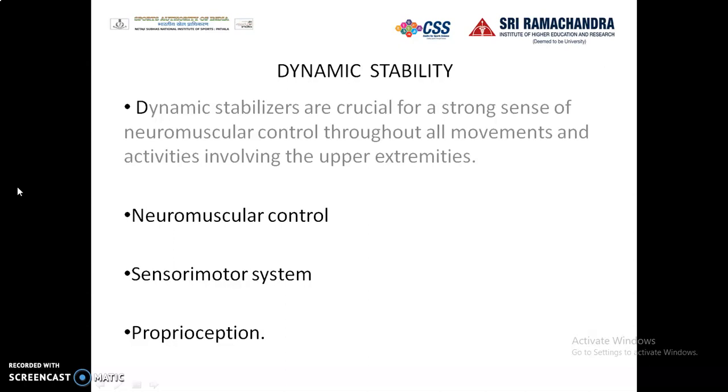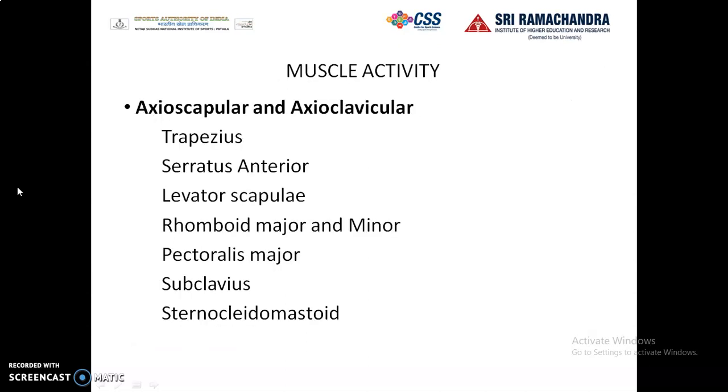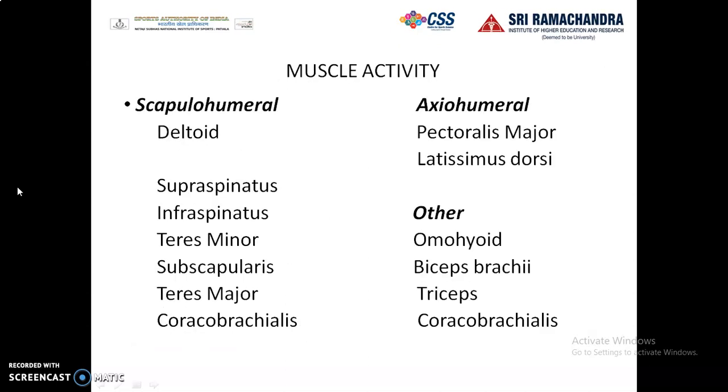So what we call this is neuromuscular control. We should have good neuromuscular control throughout all movements and activities involving the upper extremities, and the sensorimotor system and proprioception have to function carefully.